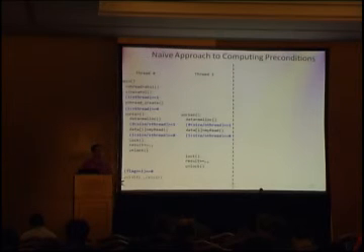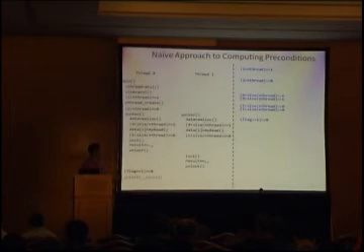A naive approach to solve this problem is just to collect all the conditionals generated from all the branches that depend on inputs. For example, in this case, n thread, size, and flag, the 3 variables all come from inputs. So we collect all these conditionals generated from this execution, and we try to simplify them.